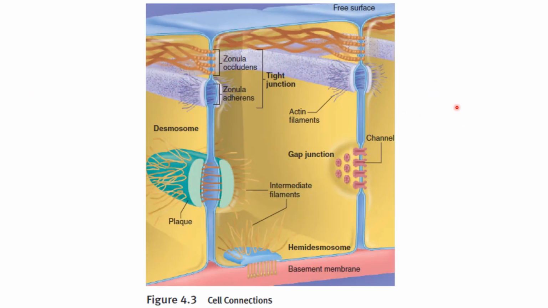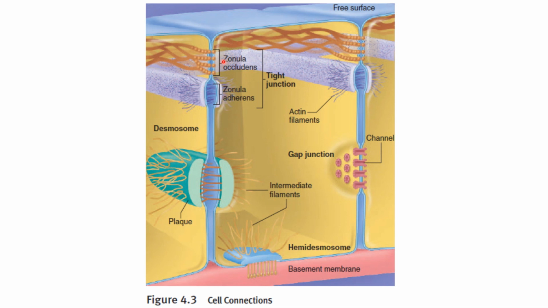For transcytosis, first we have to see the structures that connect cells to each other and to the surface where the cells are attached. There are mainly three types of connection between cells and with their surfaces: tight junctions, desmosomes, and hemidesmosomes.